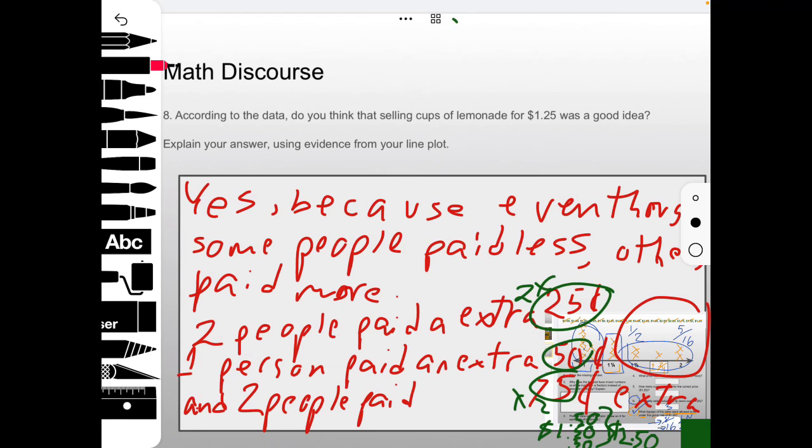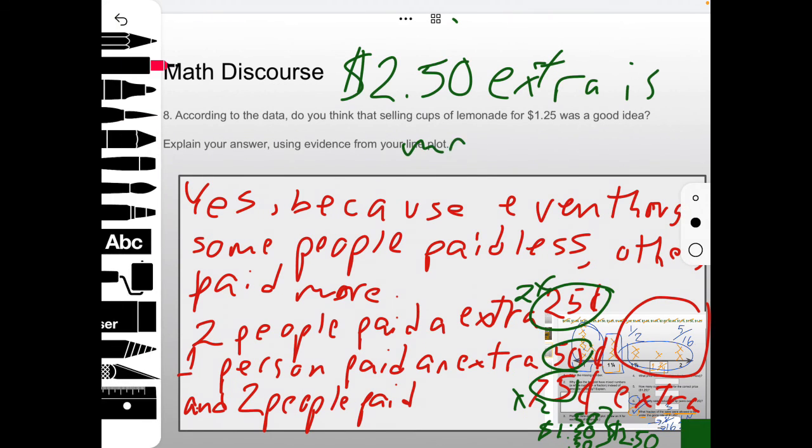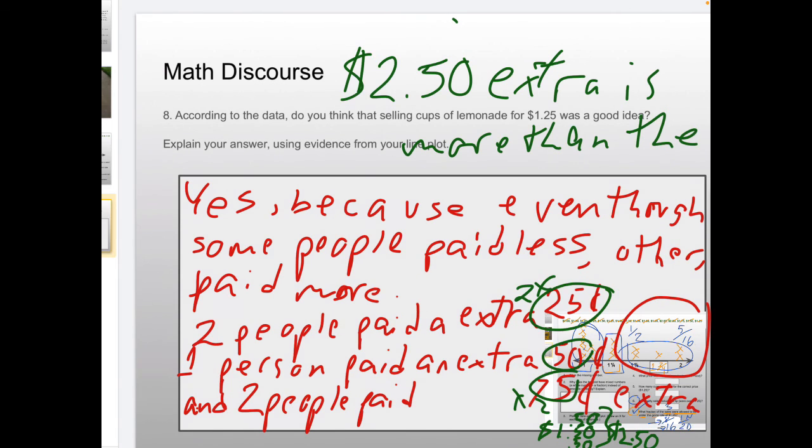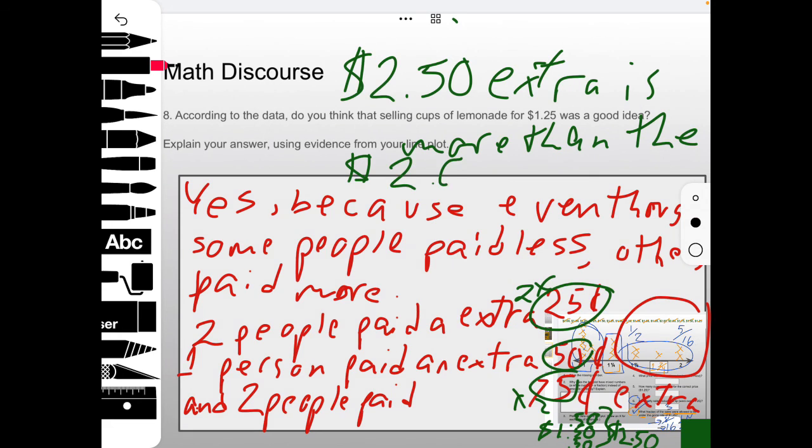Now, I'd have to write even smaller to fit this in here, but the $2.50 extra is more than the $2 I lost. And that's pointing to the dollar sales. I hope that this makes sense.